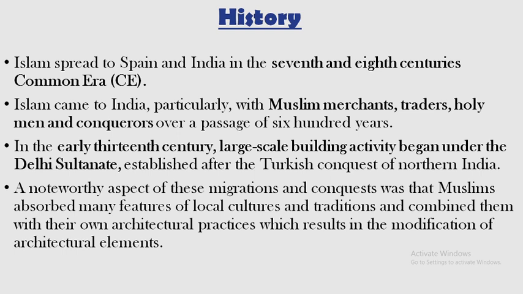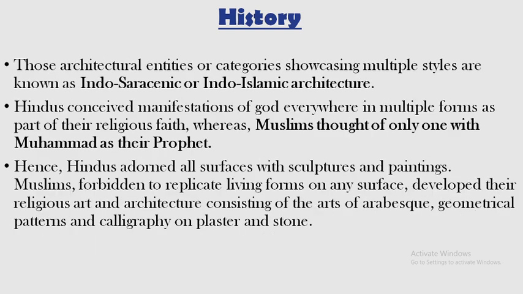A noteworthy aspect of these migrations and conquests was that Muslims absorbed many features of the local cultures and traditions and combined them with their own architectural practices, which resulted in the modification of architectural elements. Those architectural categories showcasing multiple styles are known as Indo-Saracenic or Indo-Islamic architecture.